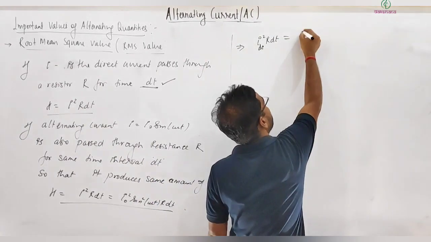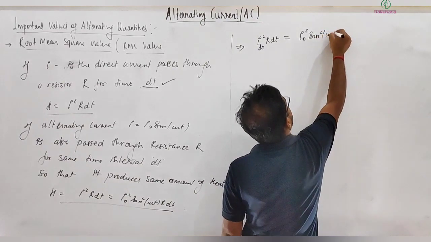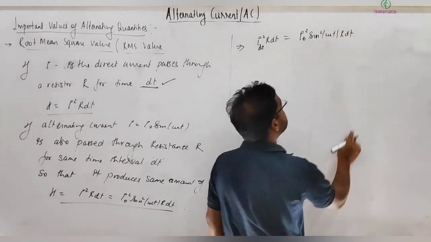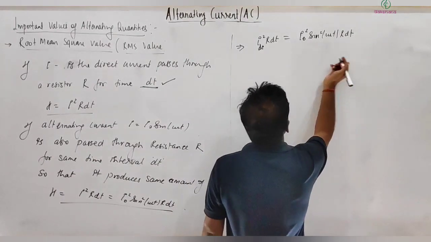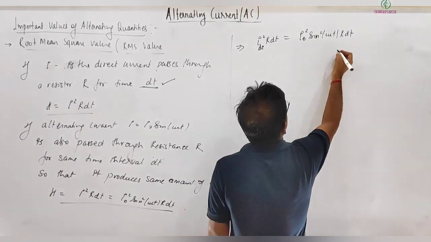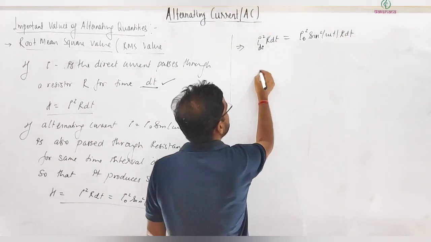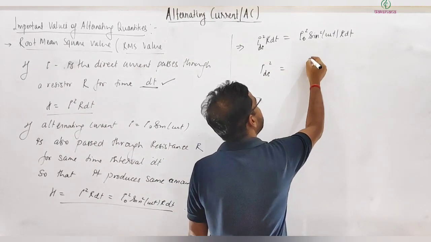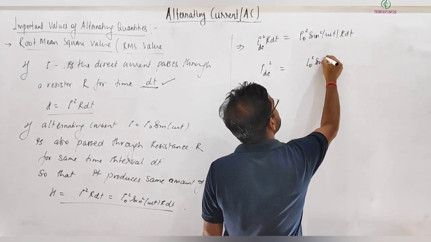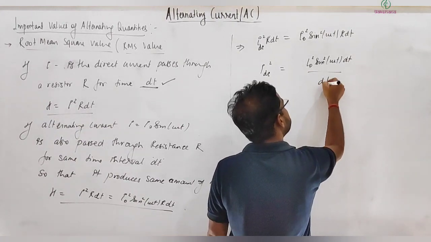So I DC square R dt is equal to I naught square sine square omega t R into dt. These two quantities should be the same. Then R gets cancelled, and I DC square equals I naught square sine square omega t dt divided by dt.